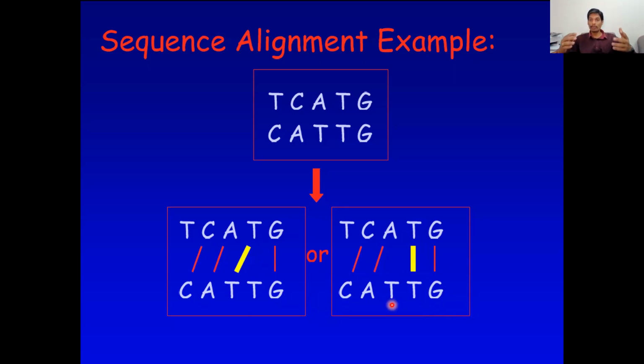So if you have multiple possible alignments, how can you come up with the best alignment? That is the main thing here. We need proper pairwise alignment methods. That's why different algorithms were developed to better align two sequences and find the similarities and differences.